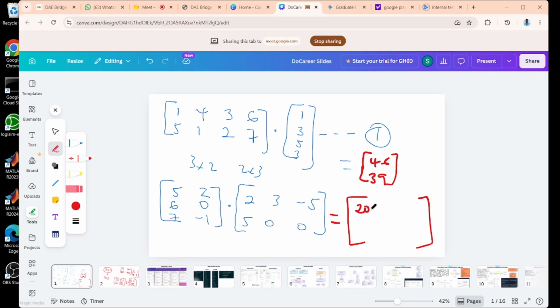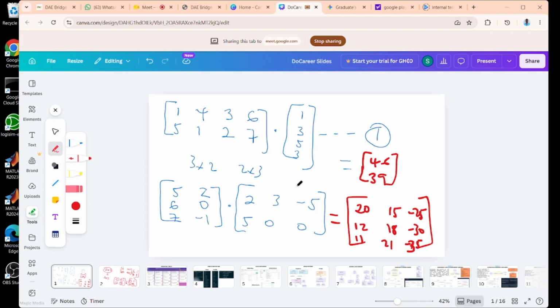20, 15, negative 25. 12, 18, negative 30. 11, 21, negative 35. Please, can we all confirm? Is there anything missing? I almost got the same thing, but there is a difference.